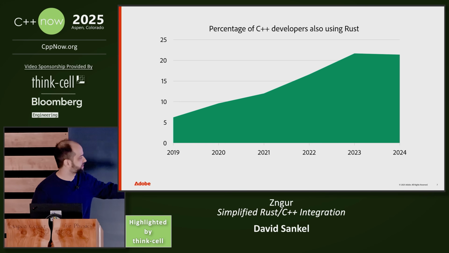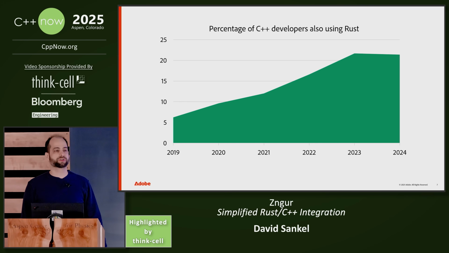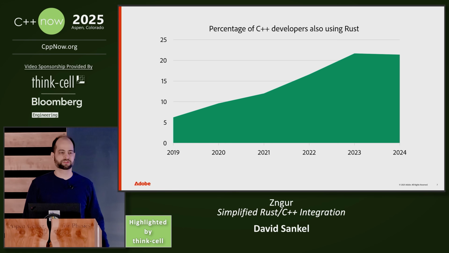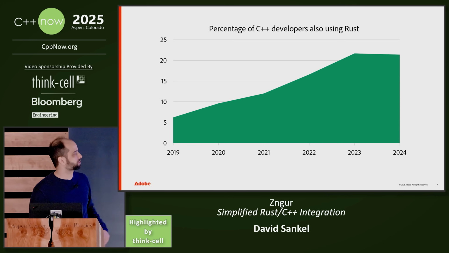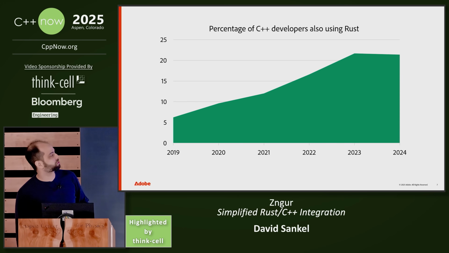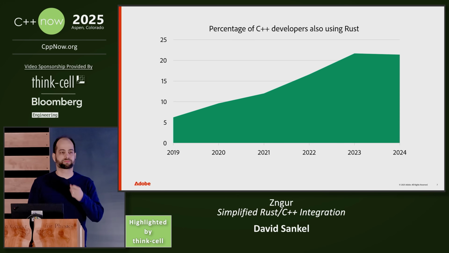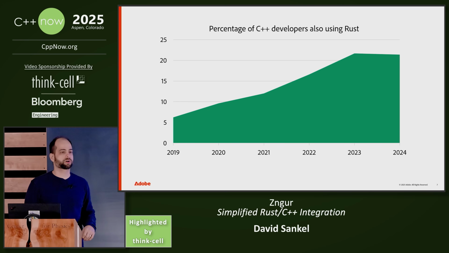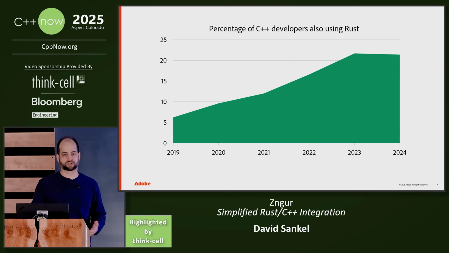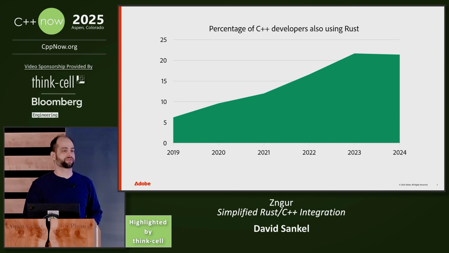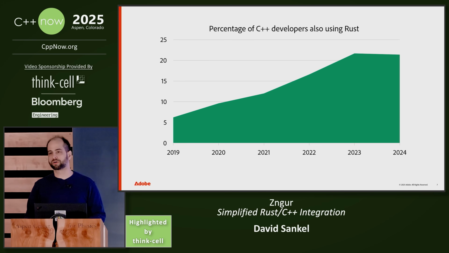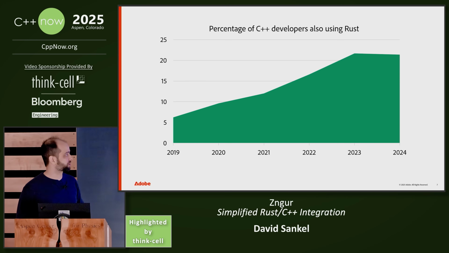So if you look here, in 2019 it was more of a niche thing, maybe around 6% of C++ users were also using Rust. But there's been a drastic change, and we've leveled out to about 21% in 2023 and 2024 of C++ developers that are also using Rust. So it's just a reality that Rust is becoming a more and more typical part of a C++ developer's workflow.